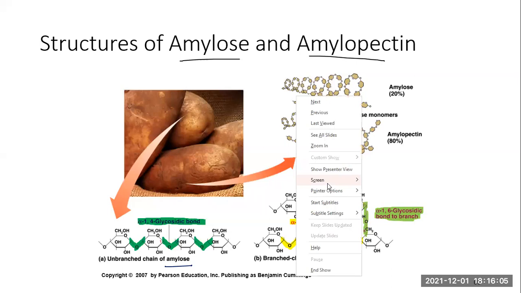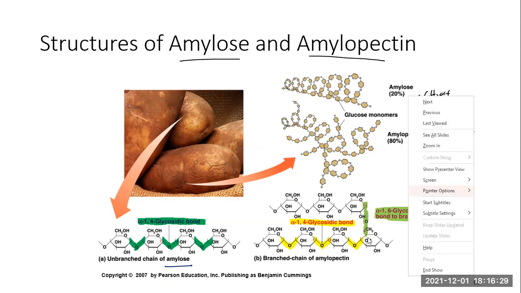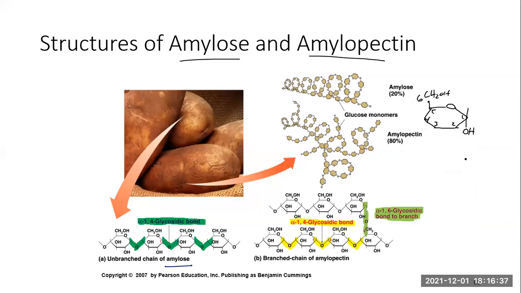And the reason it is alpha 1,6 is, if I draw just part of the glucose molecule here, again, 6, 5, 4, 3, 2, 1, with OH in the alpha position. Below it, we have carbon number 6 in the next glucose.